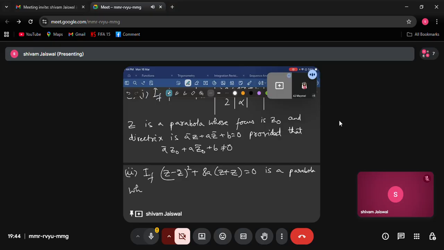Its focus is (a, 0) and vertex is (0, 0). By looking at the equations, you should be able to identify the locus. And the real axis is the axis of the parabola.